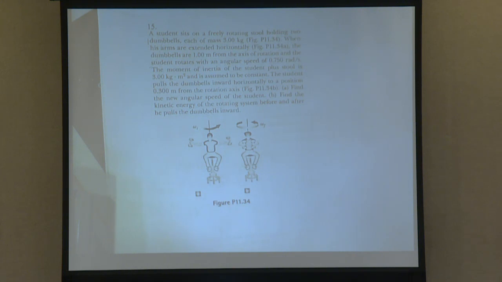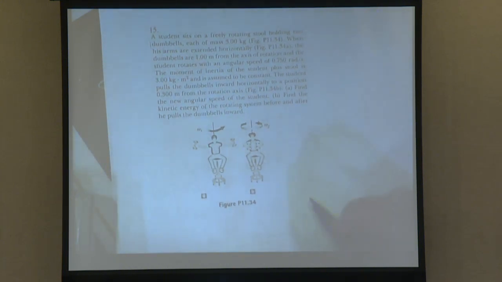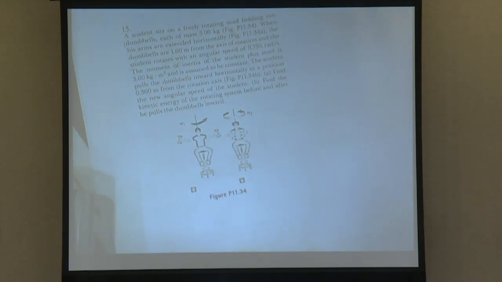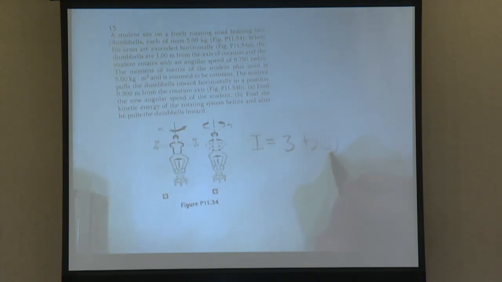So what we want to do is say that his total inertia, because the inertia of himself and the stool is 3, but we also have to take into consideration the dumbbells. So our inertia is going to be I equals 3, that's for this moment of inertia, plus 2 times 3, because we have 2 masses of 3 kilograms each, times our radius squared.